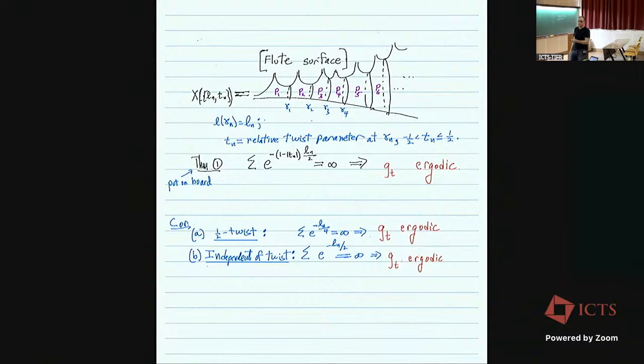I'm just doing it for the flute surface to make it easier. But our point is that the Fenchel-Nielsen coordinates are constructive. This is a construction. So you can hands-on see the geodesic flow is ergodic from these numbers.